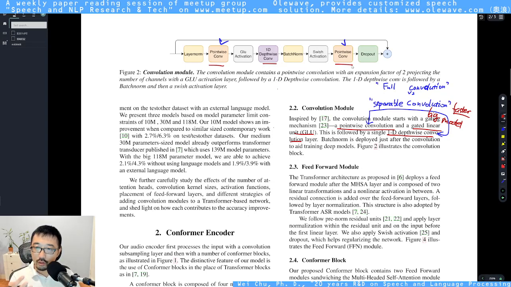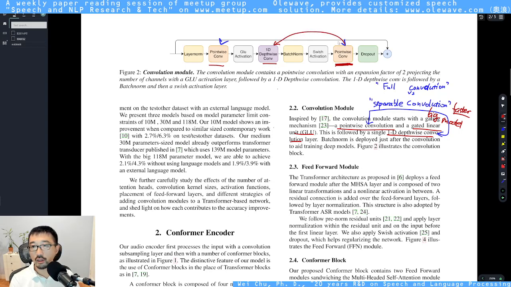But I personally still haven't fully comprehended this extra pointwise convolution at the end. I can understand if you combine these two. So if you can help me, just let me know.